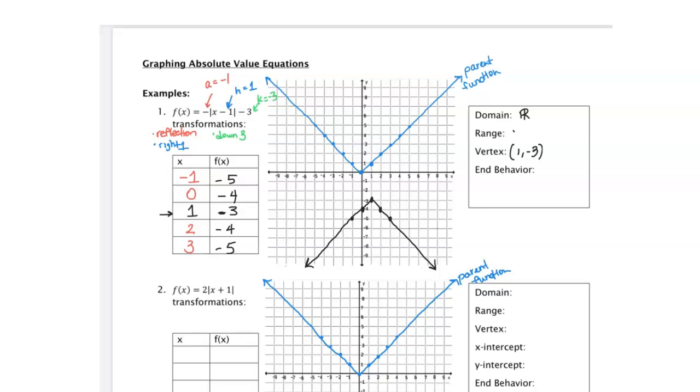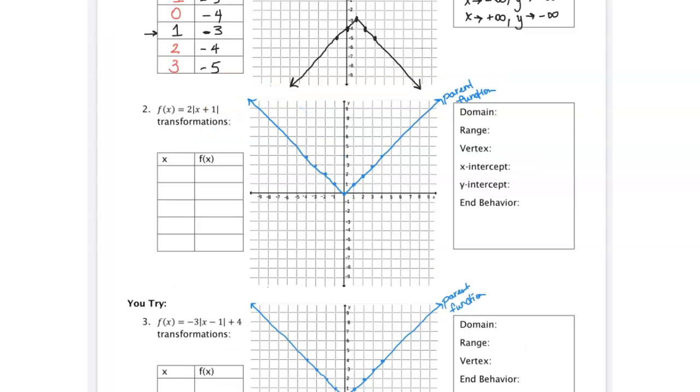So this will be y is less than or equal to negative 3. Our end behaviors: as x goes towards the left, our y's are going down, so towards negative infinity. And as x goes towards the right, our y's are going down towards negative infinity.